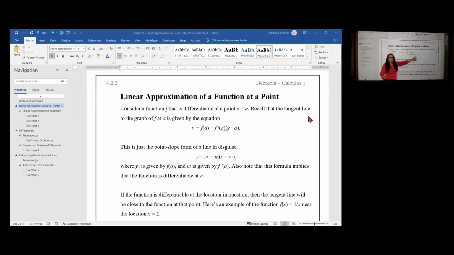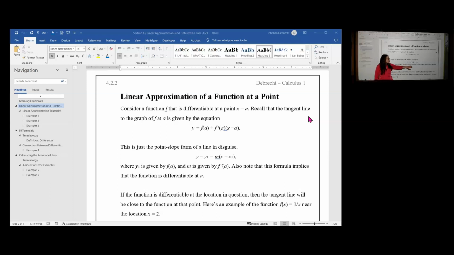In fact, this equation is just the point slope form of a line in disguise, where you have y minus y1 equal to the slope times x minus x1. y1 is the function value at a, which has been moved to the right side of the equation.